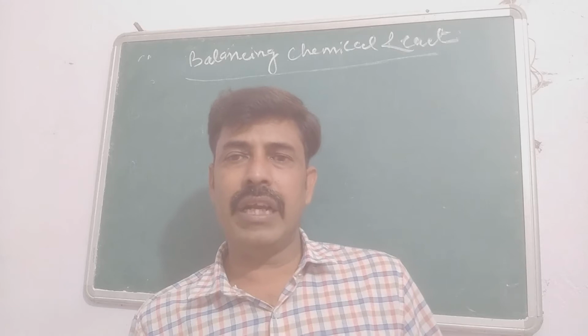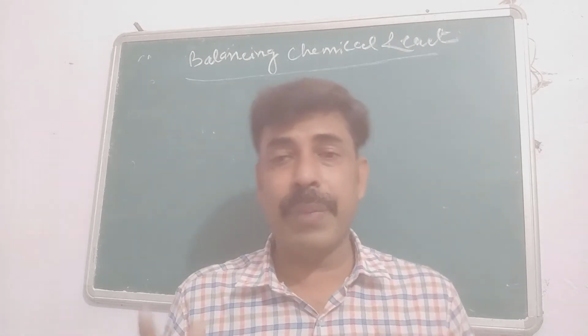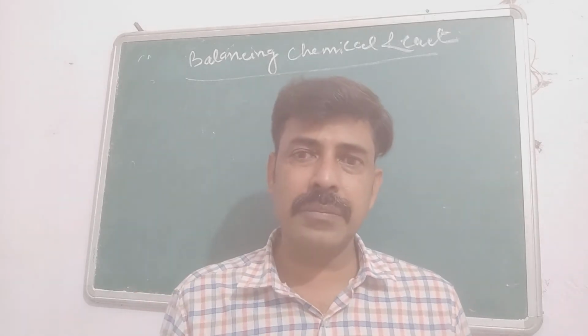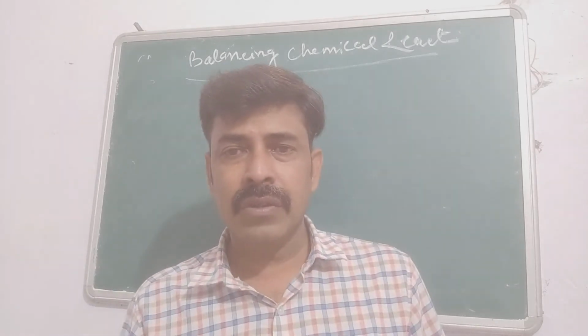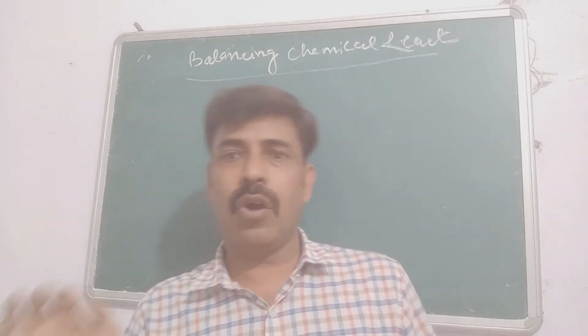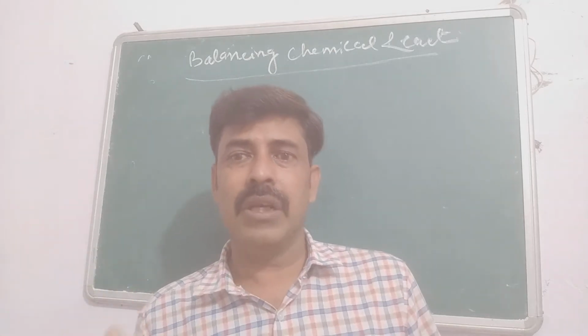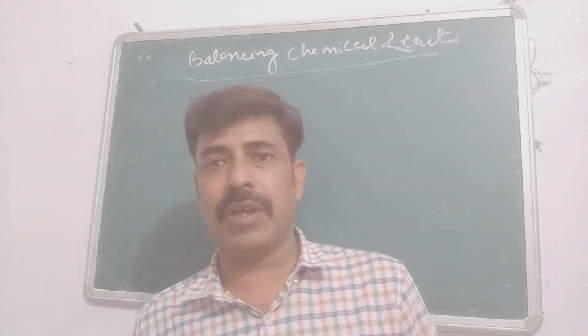I have said that generally reactions are balanced because of the law of conservation of mass. The law says that during any chemical reaction neither the generation nor the destruction of mass can take place. That means according to the law of conservation of mass, mass can neither be created nor destroyed by any physical or chemical process.